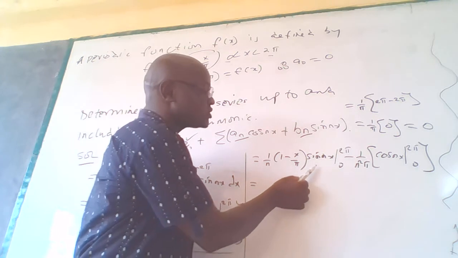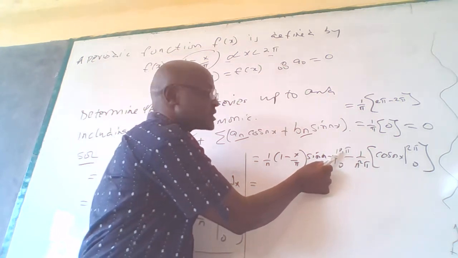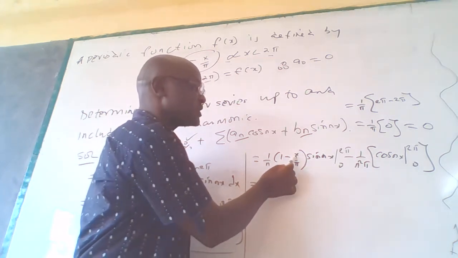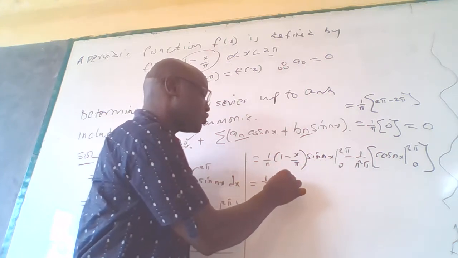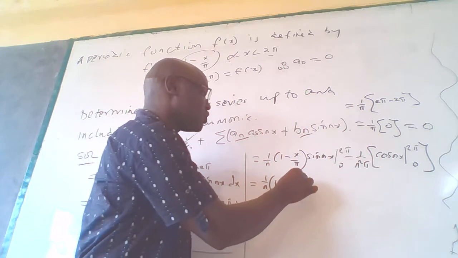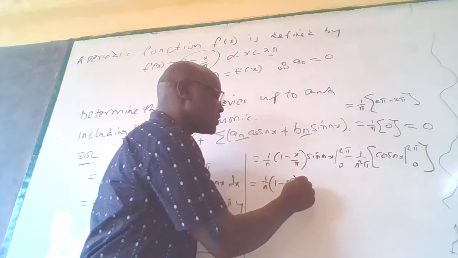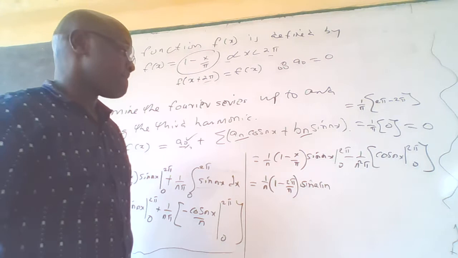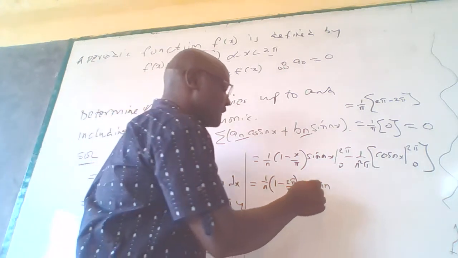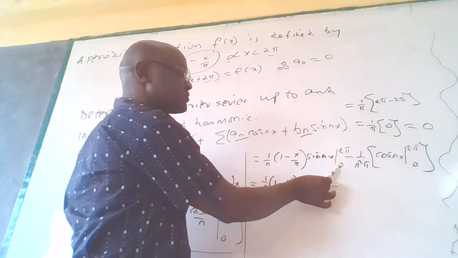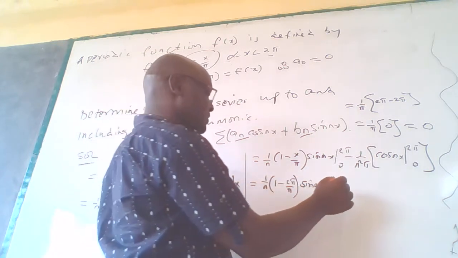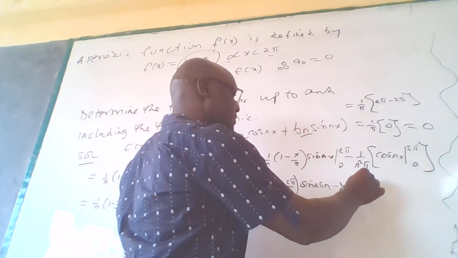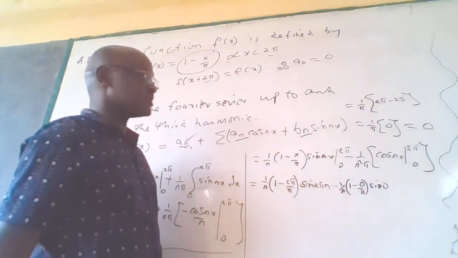Now here, where there is x will be 2 pi, so that here we have equals to 1 over n in 1 minus, now x, we substitute the 2 pi, so we have 2 pi over pi sine 2 pi n, then minus, we now substitute where there is x will be 0, so minus 1 over n into 1 minus 0 over pi sine 0.